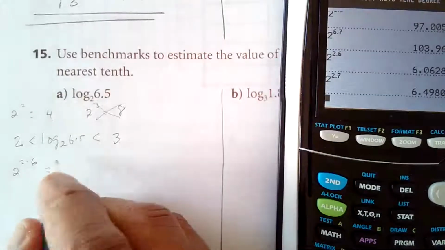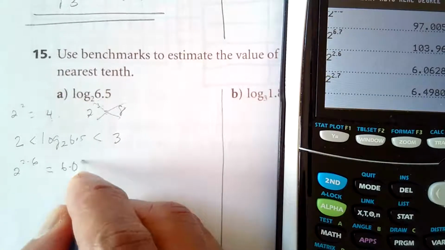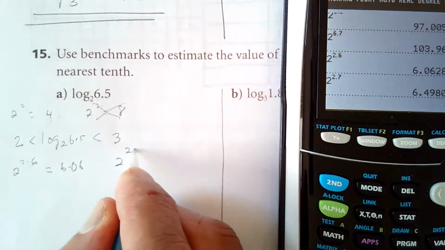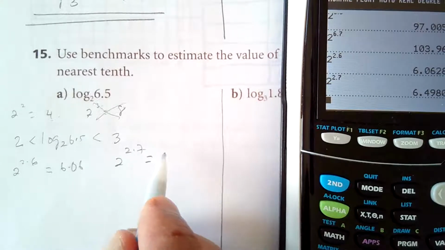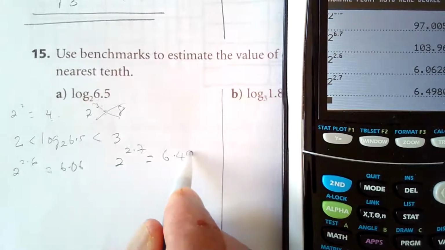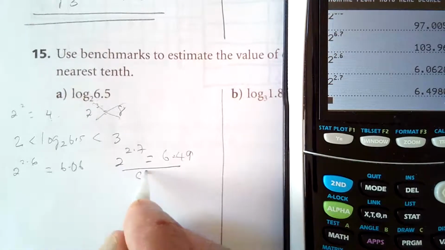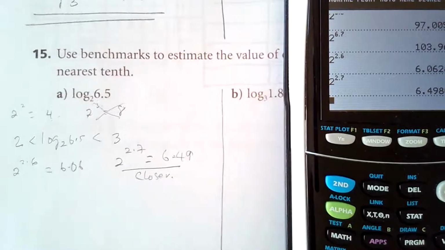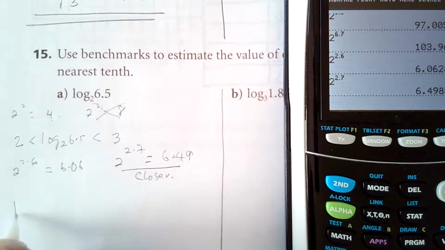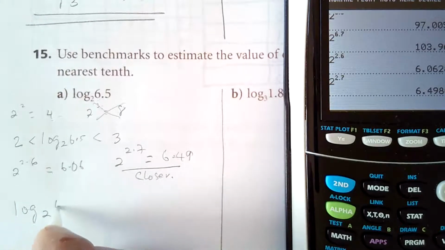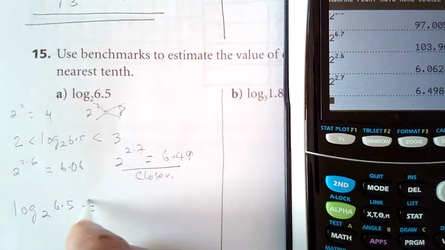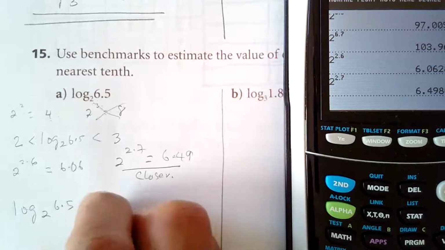We can write it down here: 2 to the power 2.6 is 6.06 and 2 to the power 2.7 is 6.49, and it goes on. So this is much closer. So log base 2 of 6.5 is approximately 2.7.